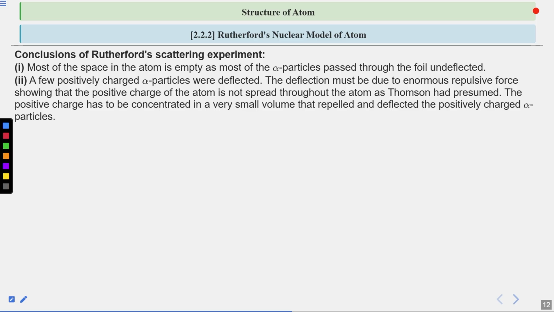Now, the second was that only a few alpha particles were deflected. This means that the deflection must be due to an enormous repulsive force. And what would be that repulsive force? It must be the positive charge. So the positive charge is not distributed uniformly. It is present in a small area that is responsible for this deflection.